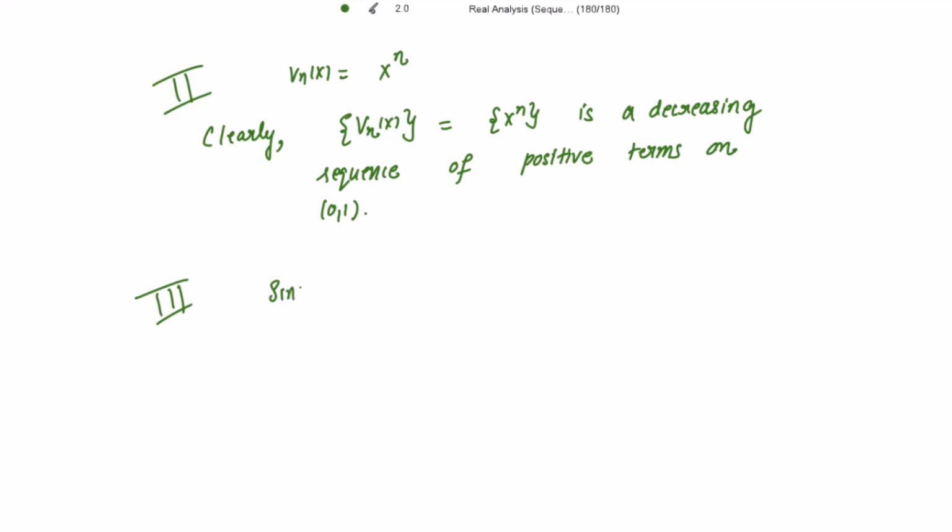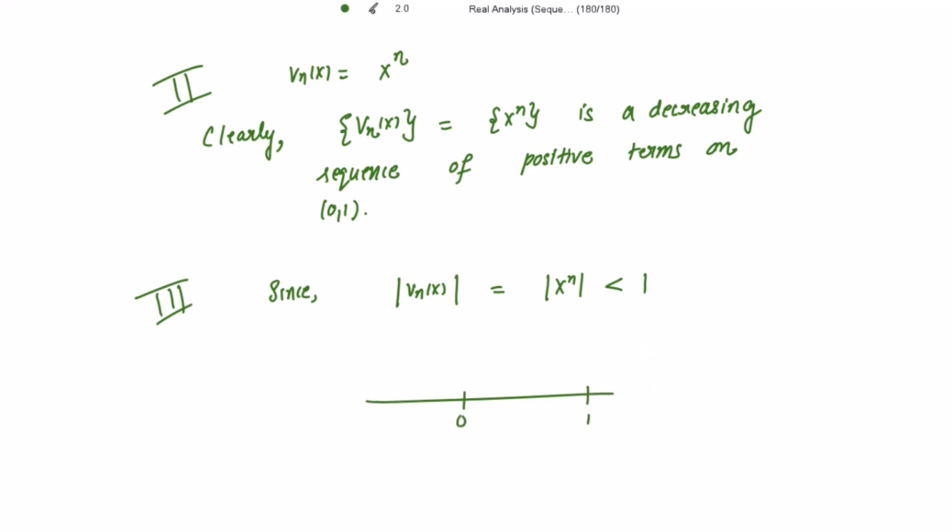Now, since mod of V_n(x) is equal to mod of x to the power n, this is strictly less than 1 because x is belonging to the interval (0, 1) and for all n belonging to the natural numbers.